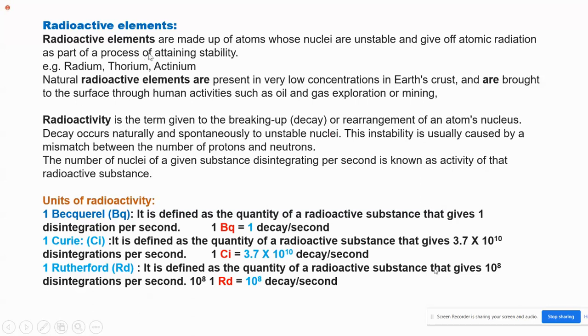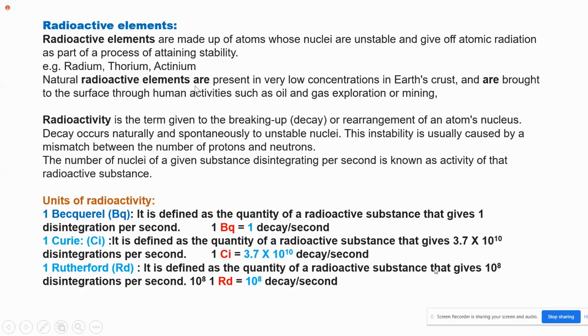Okay. So radioactive elements are made up of atoms whose nuclei are unstable, and they give off atomic radiation as a part of the process of attaining stability. Just as I explained. What are the examples of radioactive elements? Like radium, thorium, actinium, protactinium, and so on.